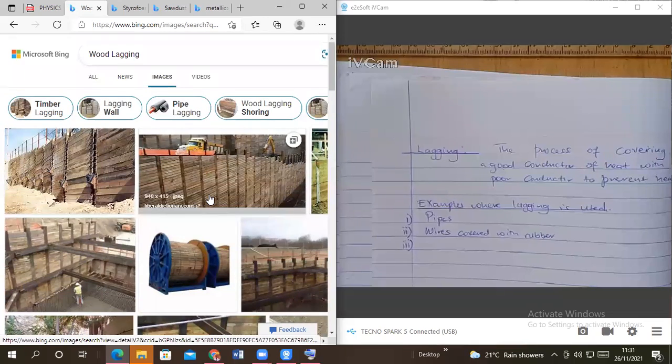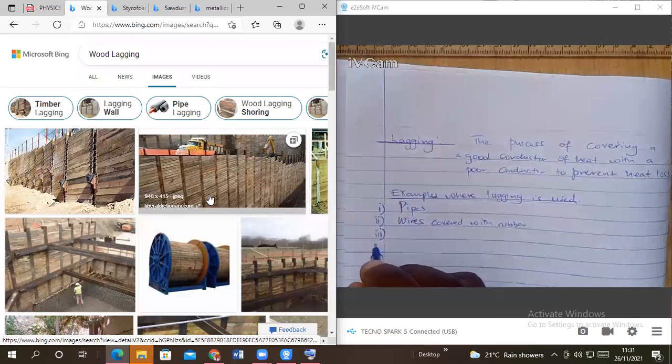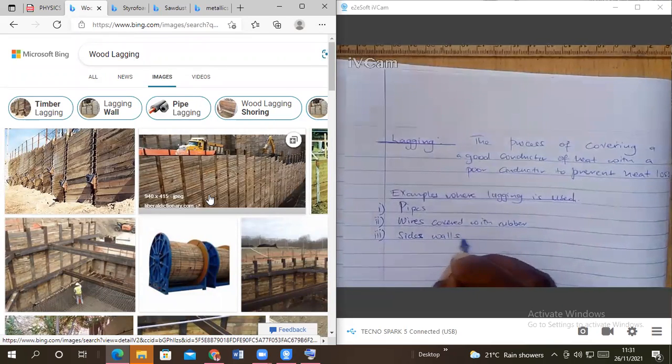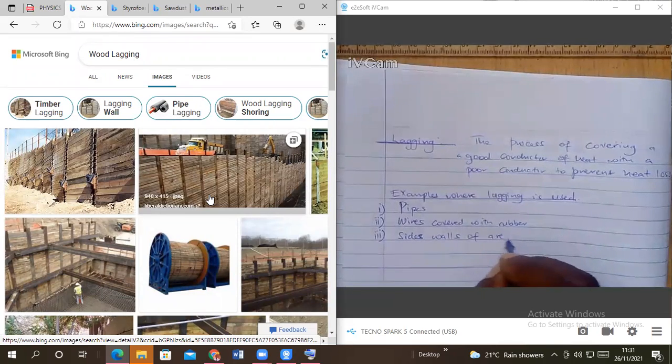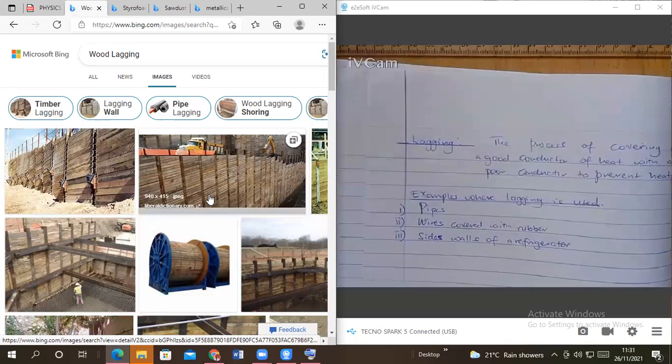The other thing that I can give you is the side walls of a refrigerator.